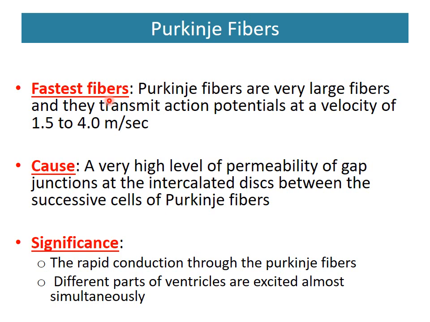The cause is the presence of highly permeable gap junctions, due to which rapid conduction through Purkinje fibers occurs. That ensures that different parts of the ventricles are excited almost simultaneously. This greatly increases the efficiency of the heart as a pump.